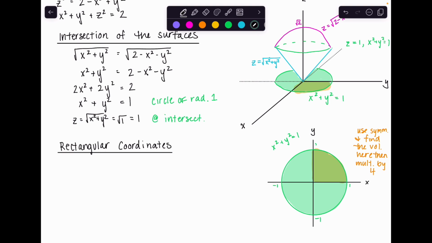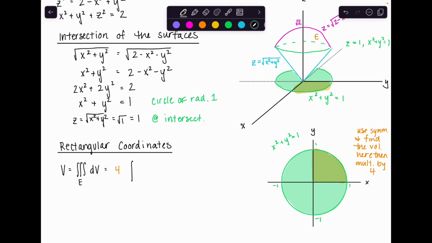Doable, but it would be rough. To find the volume of any solid, it's a triple integral over this region E, which is just the cone. And then you put a 1 on the inside and integrate with respect to x, y, and z in whatever order. So I'm instead using symmetry and multiplying by 4.